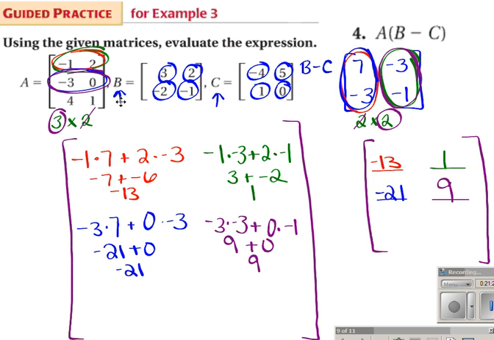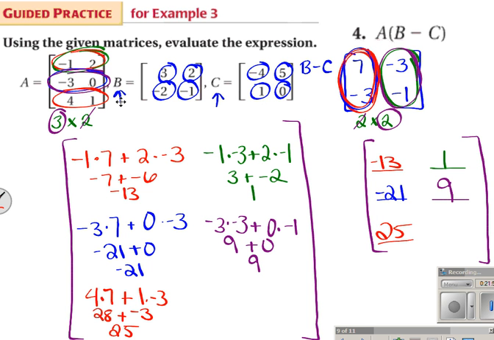Last row, the first position is row 3, column 1. So row 3 times column 1, we get 4 times 7 plus 1 times negative 3. So we get 28 plus negative 3, which is 25.